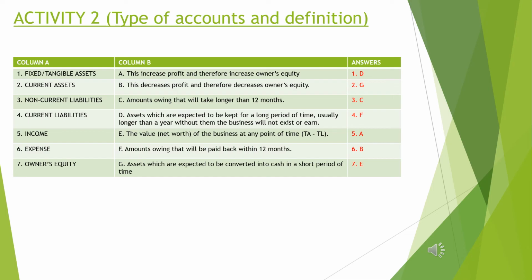So it's of a short-term intention, and therefore we're going to match F with your current liabilities, because it's an amount owing, a present obligation that will be paid within 12 months, within the current financial year.